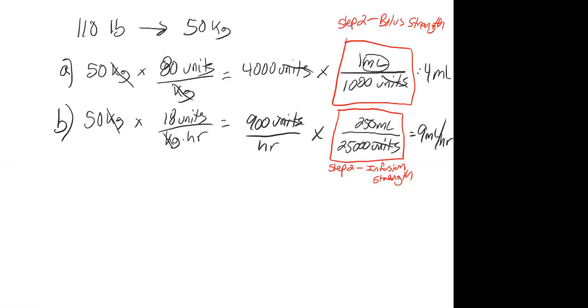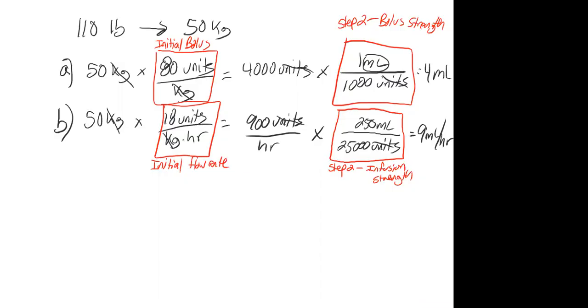So to create a summary here, this is the information I would use for my initial bolus. And then this is the information I would use for my initial flow rate.